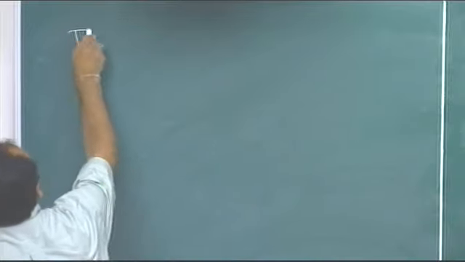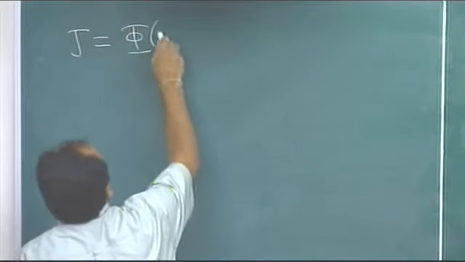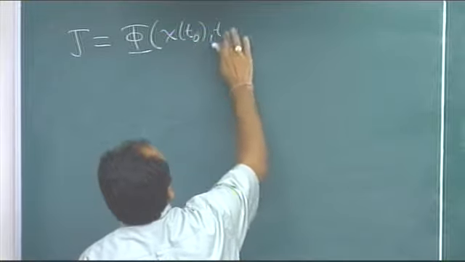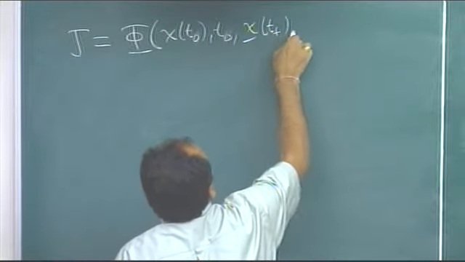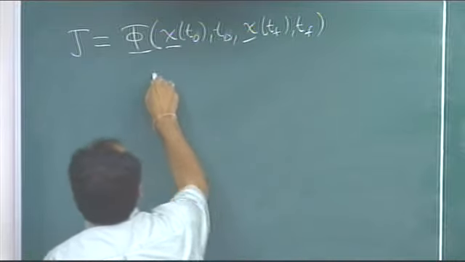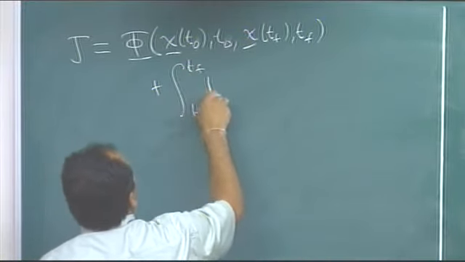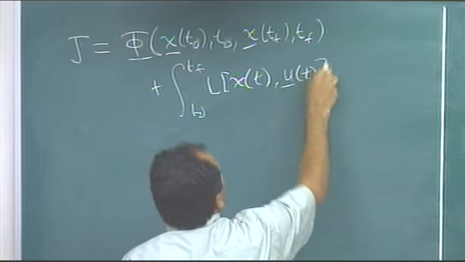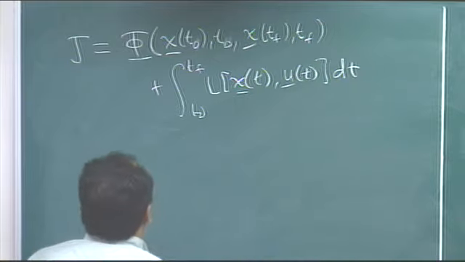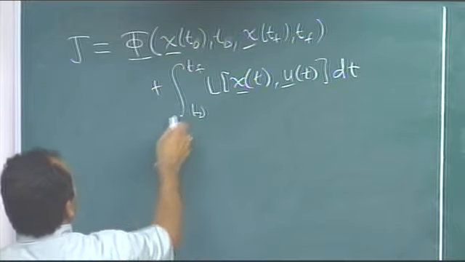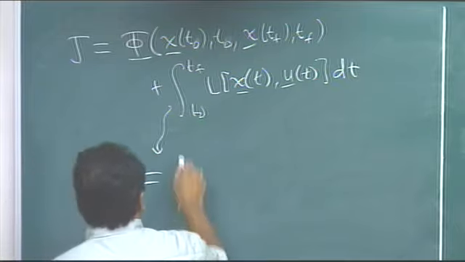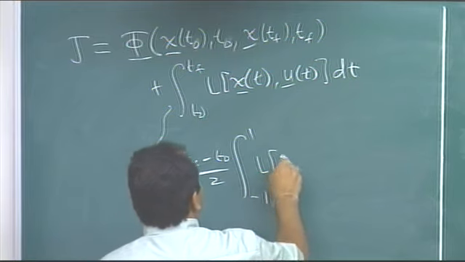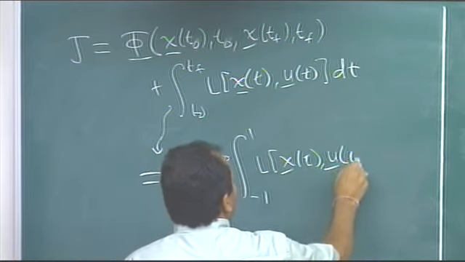So if your cost function is equal to phi, which is a function of x(t0), t0, x(tf), and tf, and then plus the integral from t0 to tf of L(x(t), u(t)) dt, what we see here is that this integral can be equivalently written as (tf - t0)/2 times the integral from -1 to 1 of L(x(tau), u(tau)) d tau.